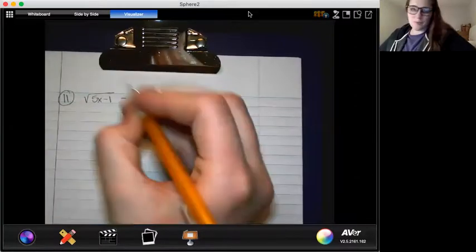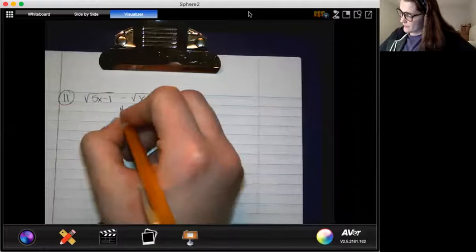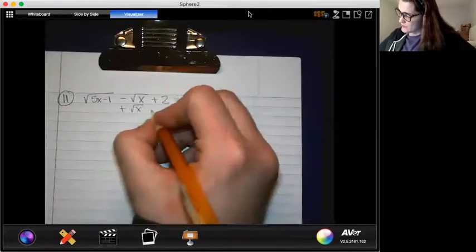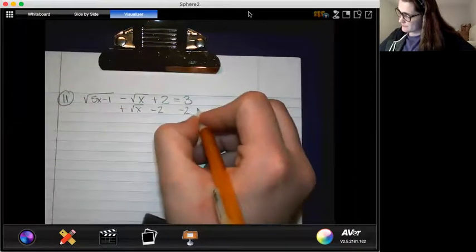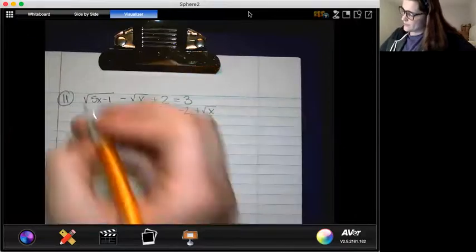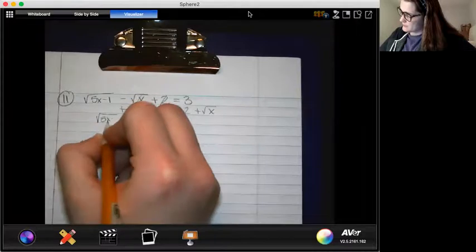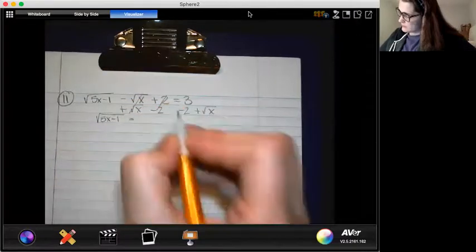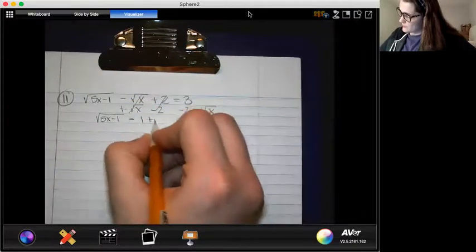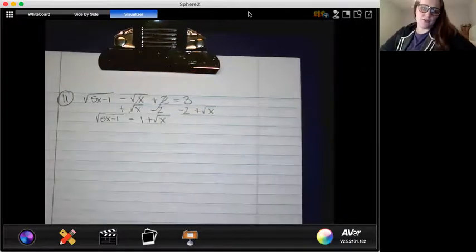So I'm going to add square root of x and subtract 2 to the other side. I have square root of 5x minus 1 equals 1 plus the square root of x. Okay, now they're both on their own side.